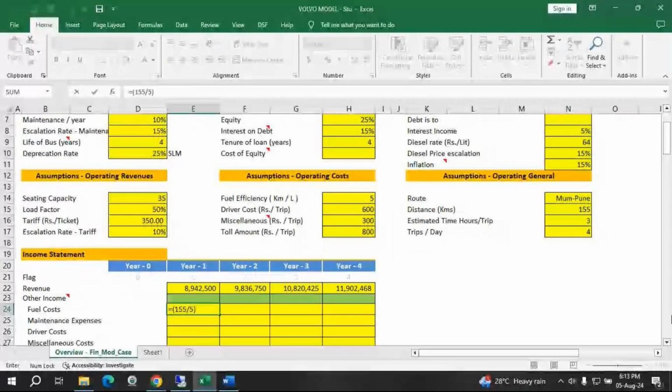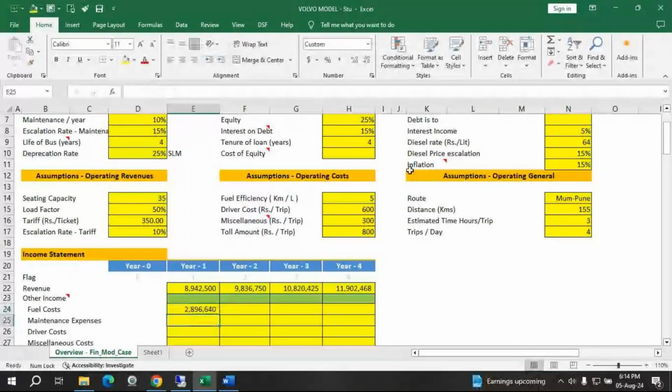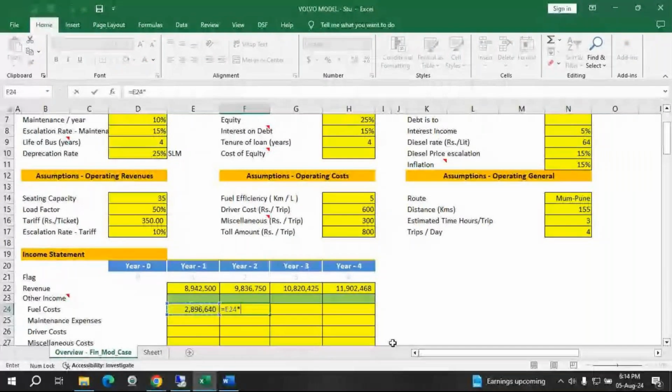Then the cost of fuel is 64, and this is for 365 days. This is just for 1 day, so for 365 days this value has to be multiplied by 365. And the diesel price escalation is 15%, so equals previous year value into, open the bracket, 1 plus 15%.